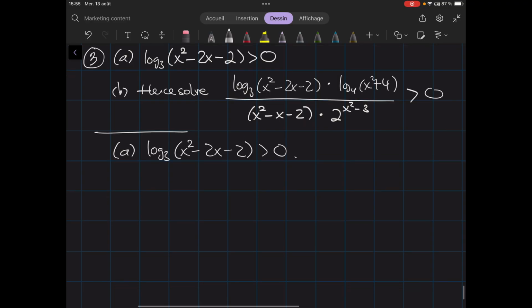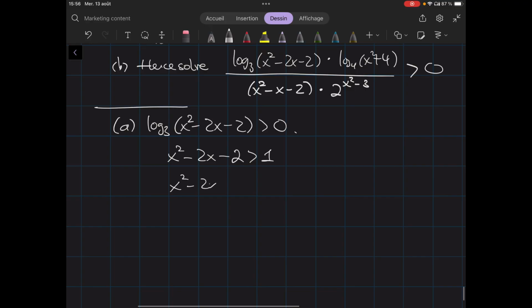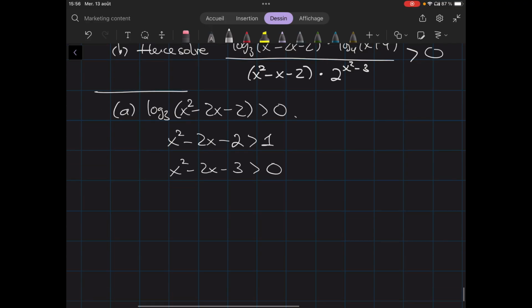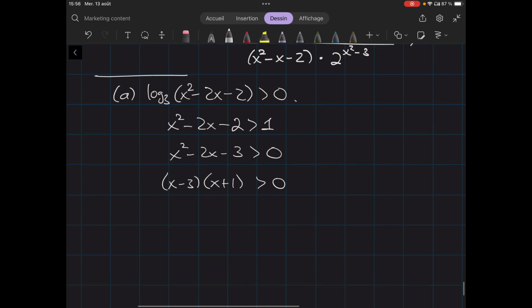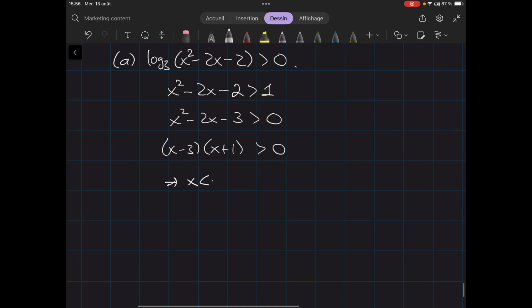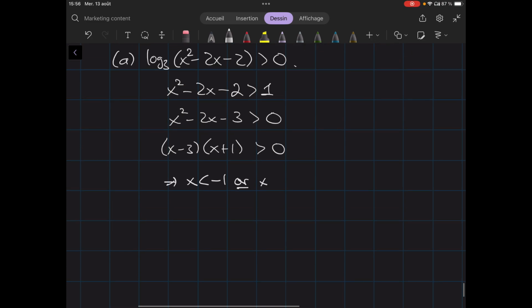For this to be true, x squared minus 2x minus 2 has to be greater than 1. Now we're just going to factorize. And that gives us our inequality.